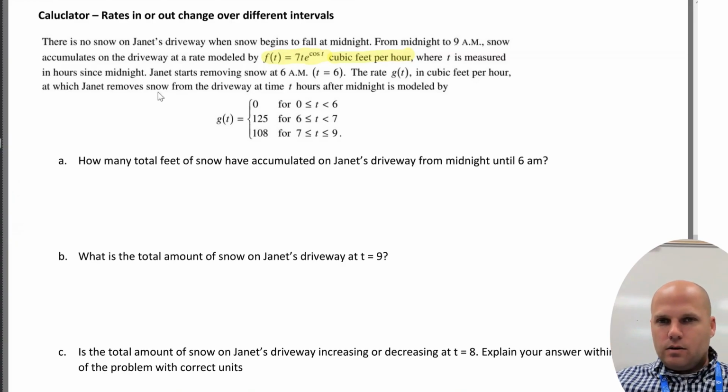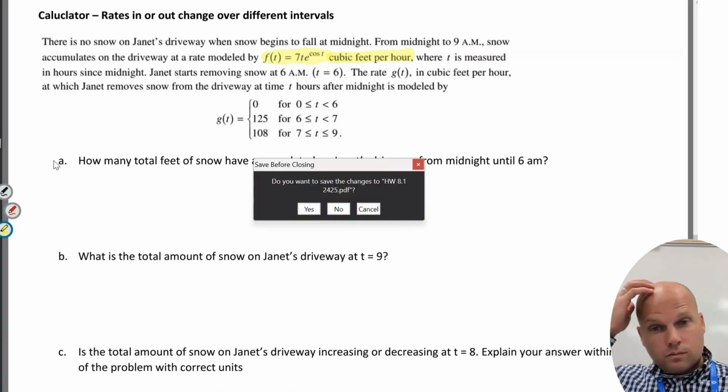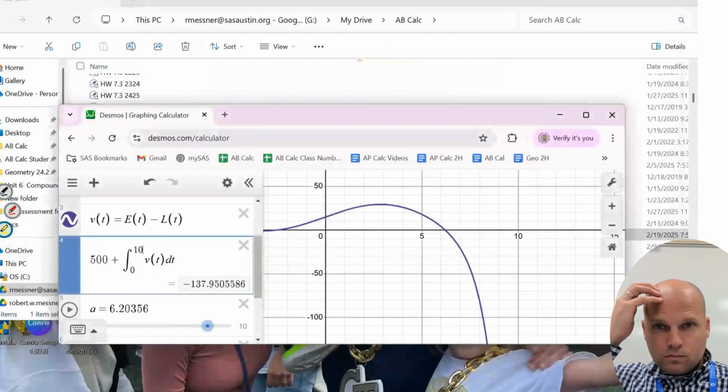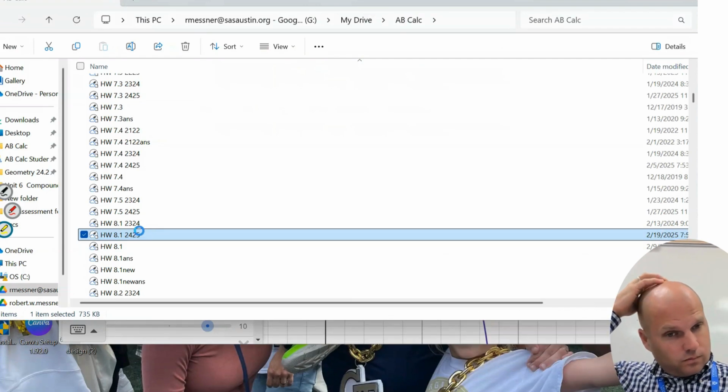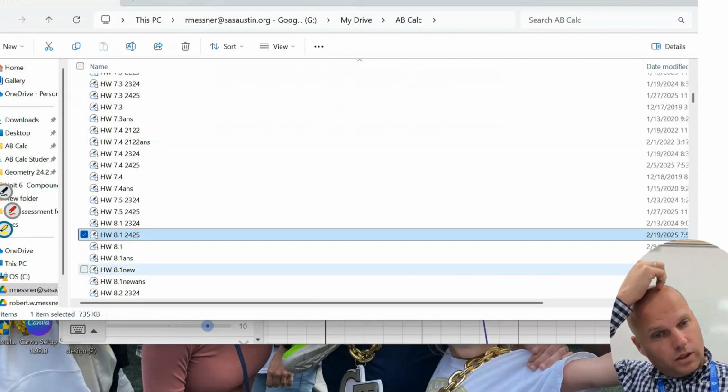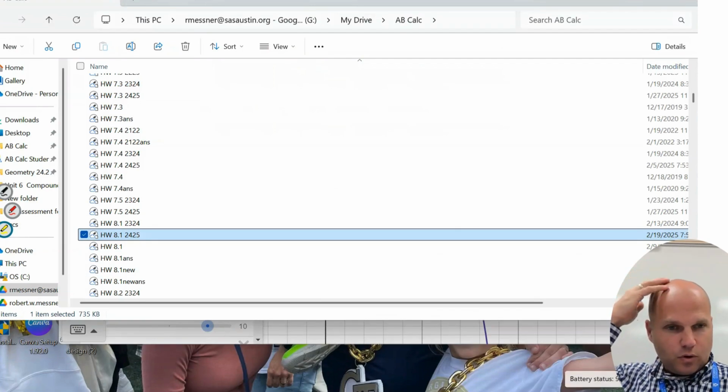Wow. I'm going to close this off and open it back up. This is rough. Computer's slow today. Can I do optimal performance?